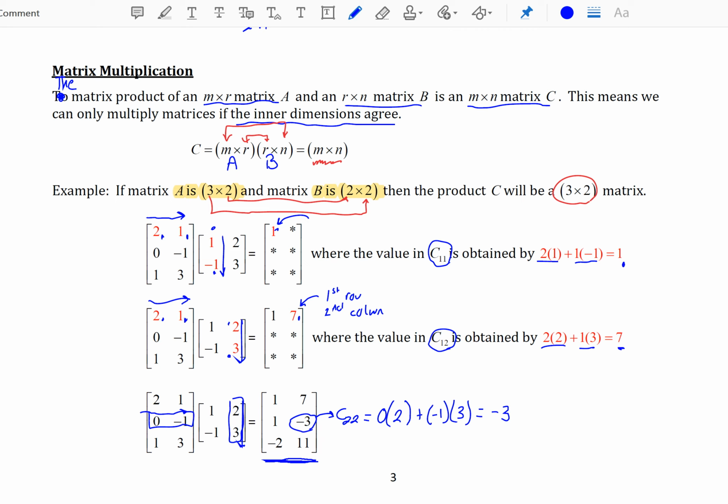Let's do one more since I almost made an error with that. Let's look at the value -2. How did this value come about? Well, this would be the value that's in the C31 position. Third row, first column.